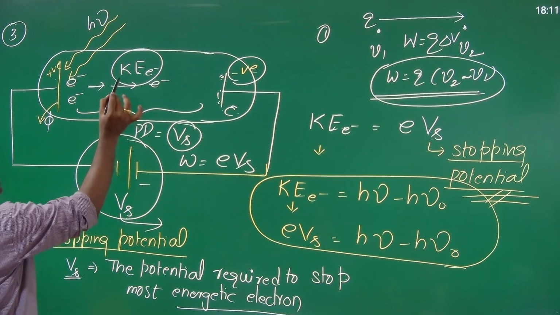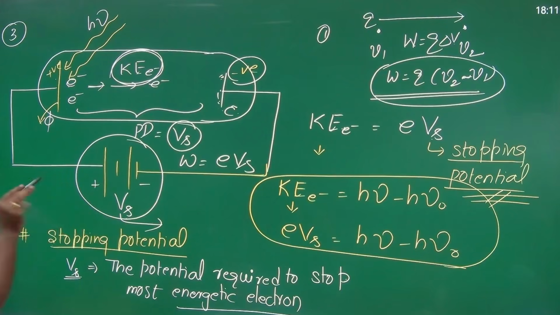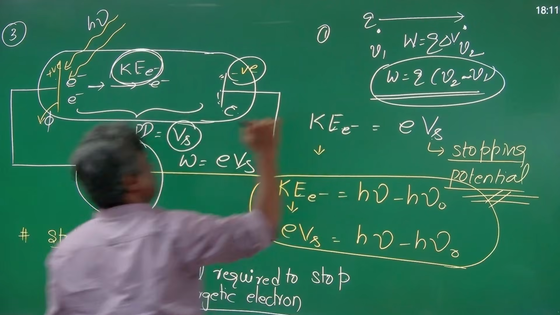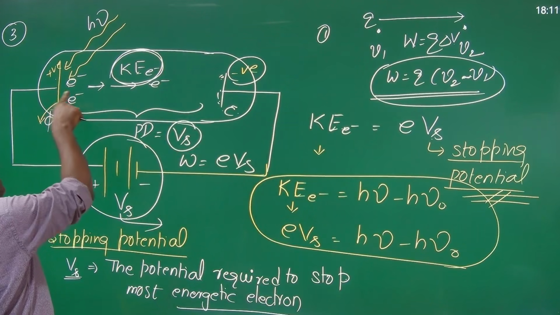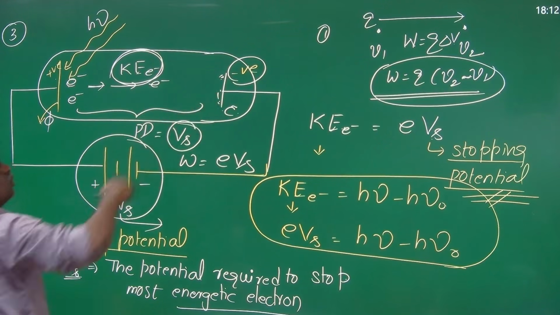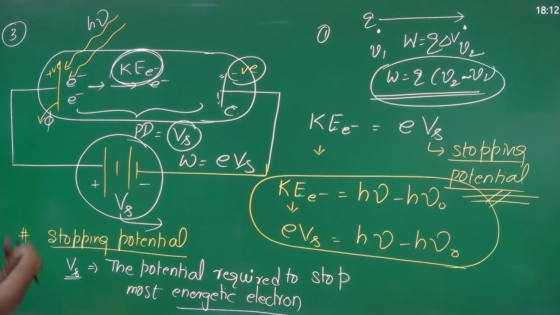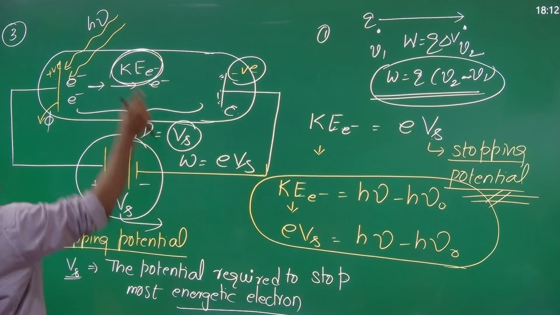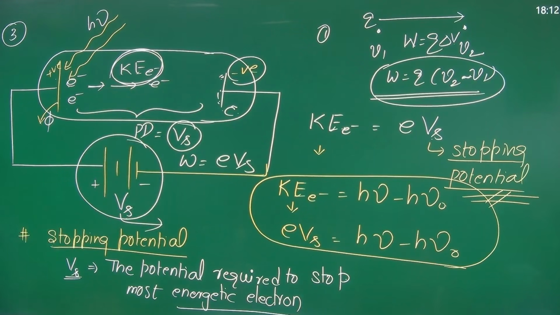So that's why in the textbooks they will write kinetic energy is equal to eVs. Why do they write like this? Because whenever the electron is ejected, it has to reach this potential, so it needs to do some work. That work is nothing but kinetic energy. So the work done and kinetic energy must be equal.